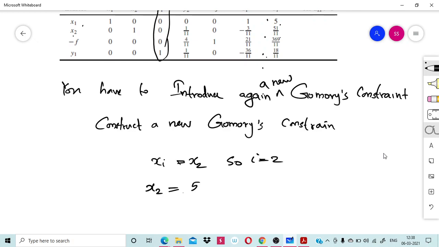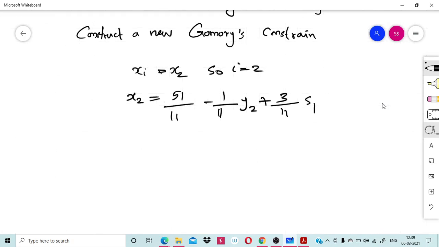Then we will get 51 by 11 minus 1 by 11 y2 plus 3 by 11 s1. You will get alpha 2 1 and alpha 2 2, and beta 2 for i equal to 2.